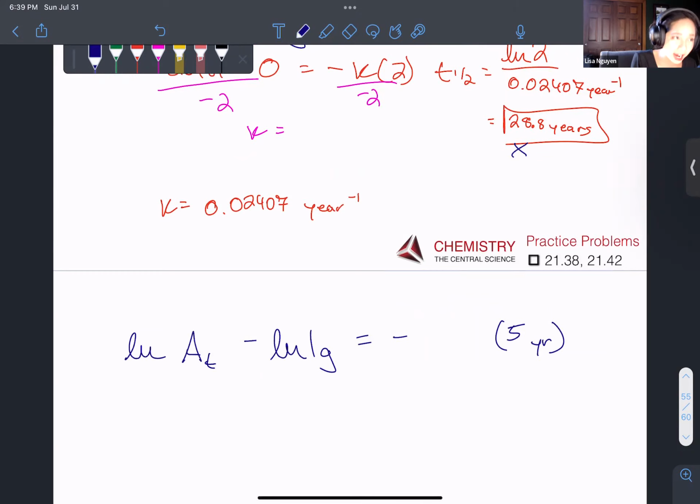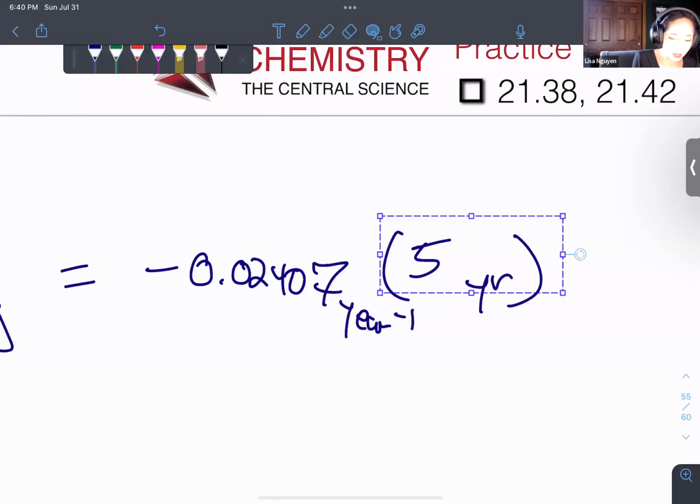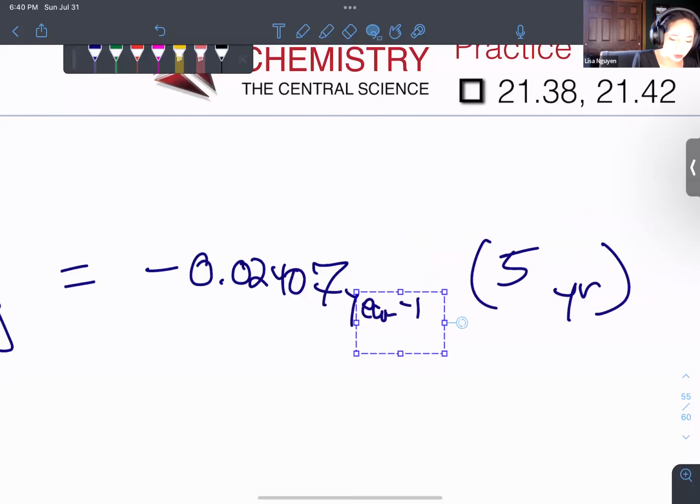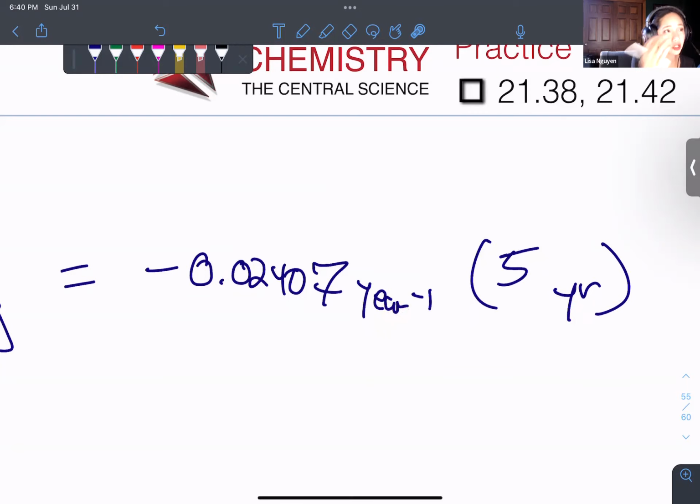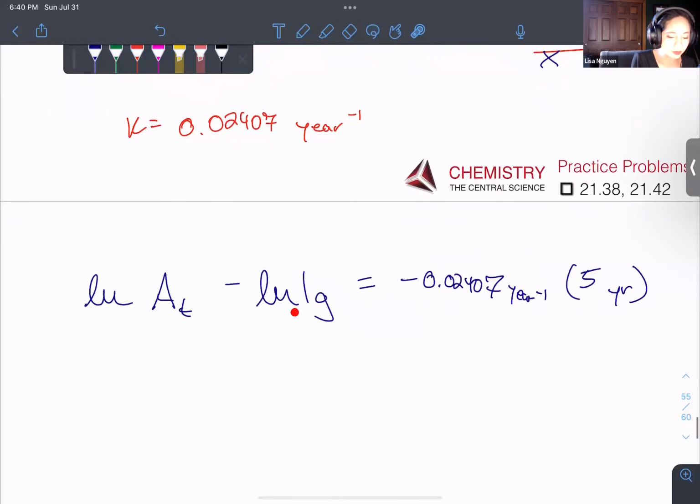We're plugging in the K value, 0.02407 year to the -1. And so what you see here, sorry, it's all crammed up, but when you do this multiplication, we have year to the -1 times a year. That gives us a unitless value that matches the unitlessness on the other side of the equation.